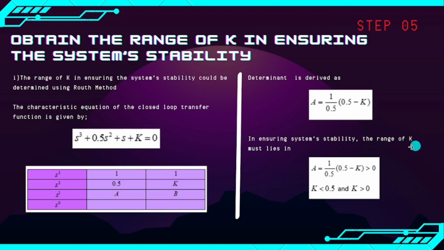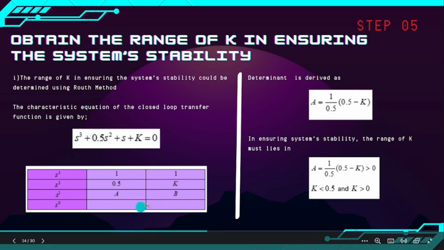Next, the last question: to obtain the range of K ensuring system stability, we use the Routh method. The characteristic equation of the closed loop transfer function is given by s^3 + 0.5 s^2 + s + K = 0.